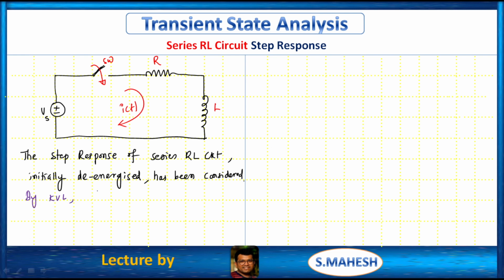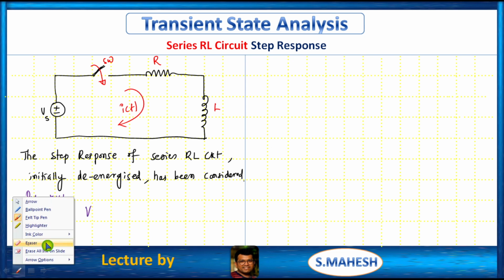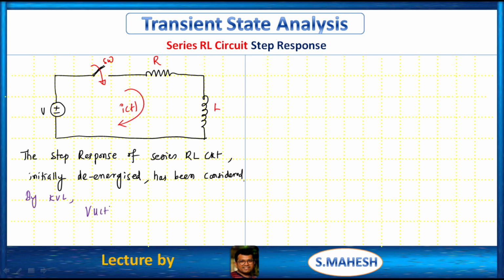by KVL we all know the step response. Simply, this is V only. Now it is V into u(t), constant. The u(t) representation is nothing but a step input. The voltage is a step input.